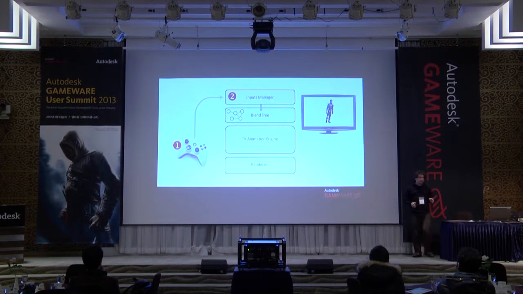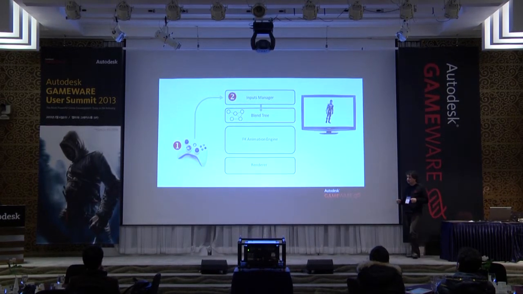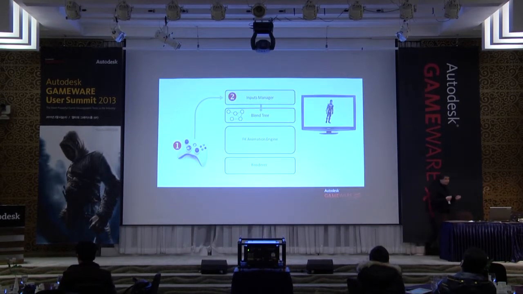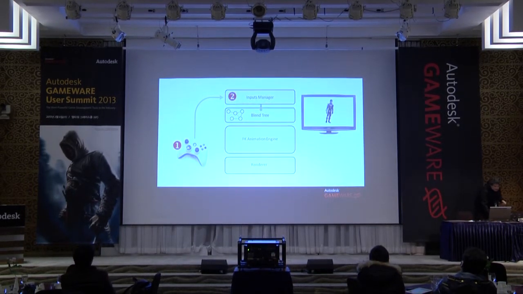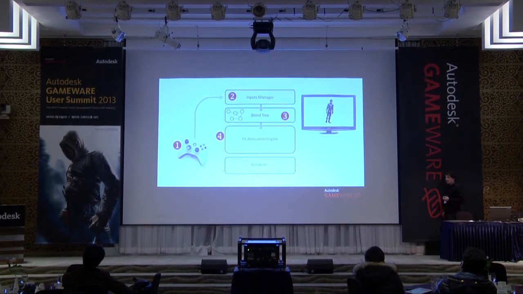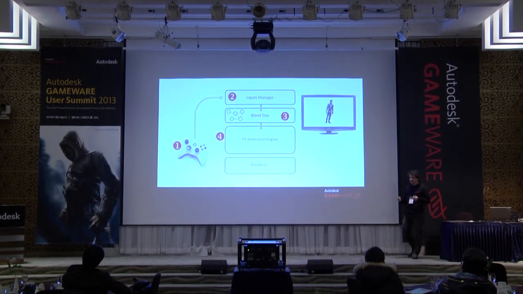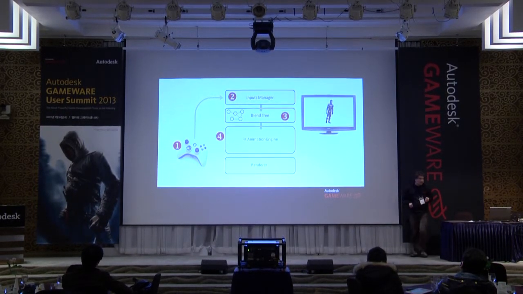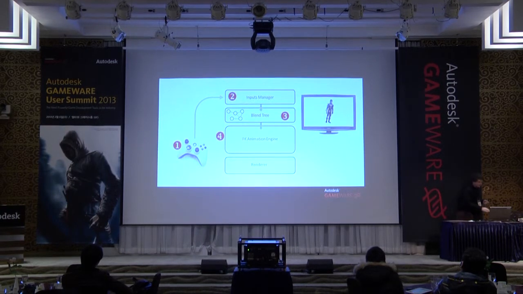So here is where we decide whether a character should start walking, using a weapon, should start jumping, or anything else. When the decision has been taken, a command is sent to an animation engine that is simply applying an animation clip to the actual game skeleton.